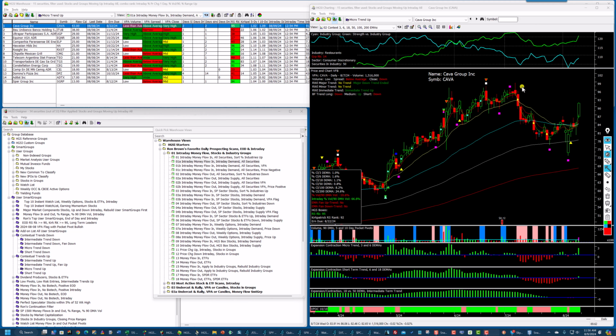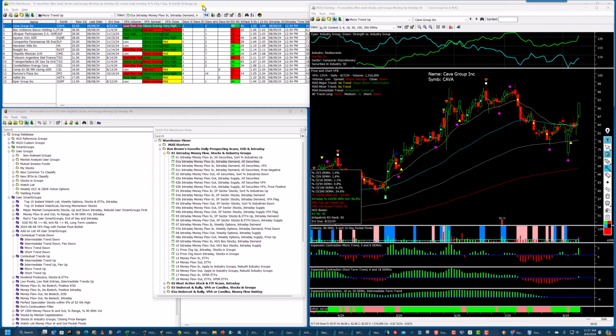I mean, this is a bullish stock until this sell-off here, and now it's going again, and it's showing up today as a money flow in stock with a micro trend up.